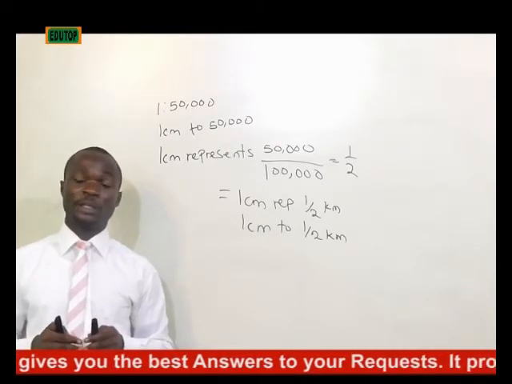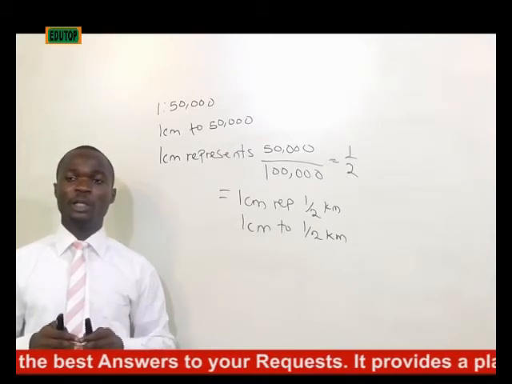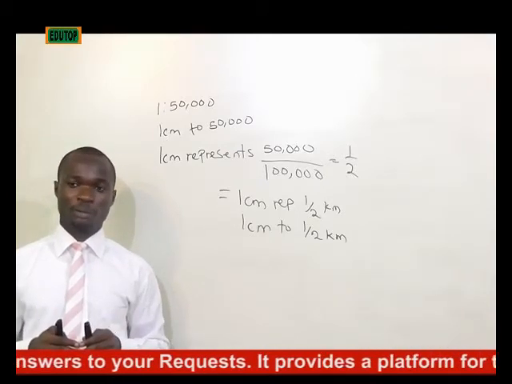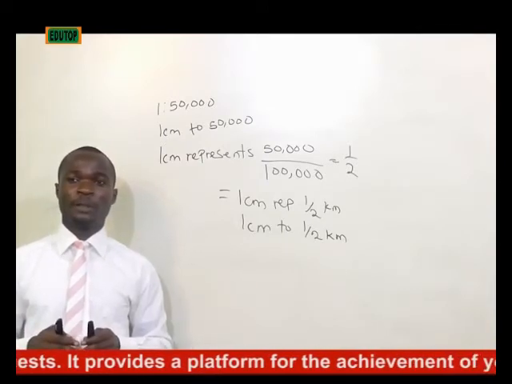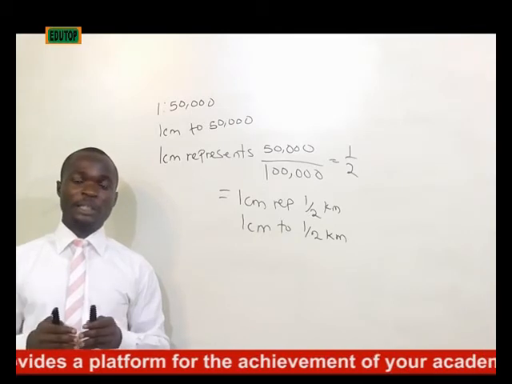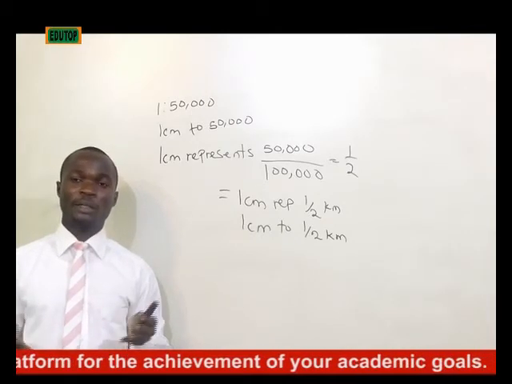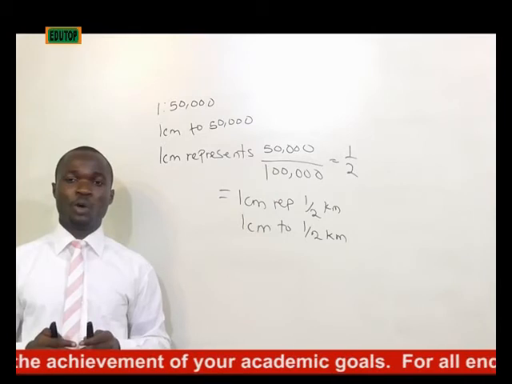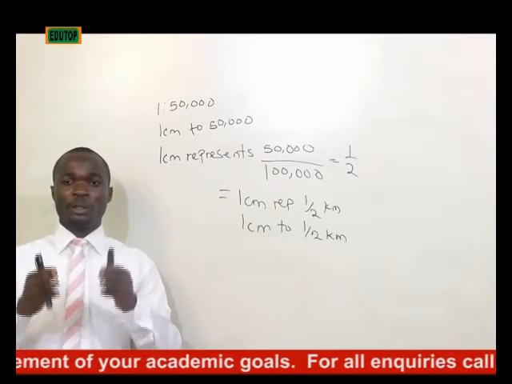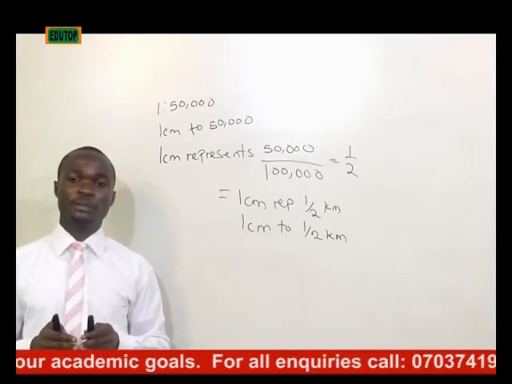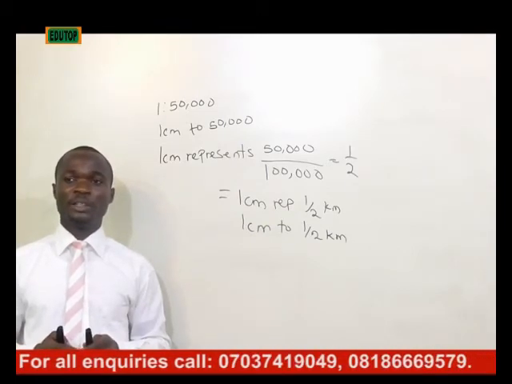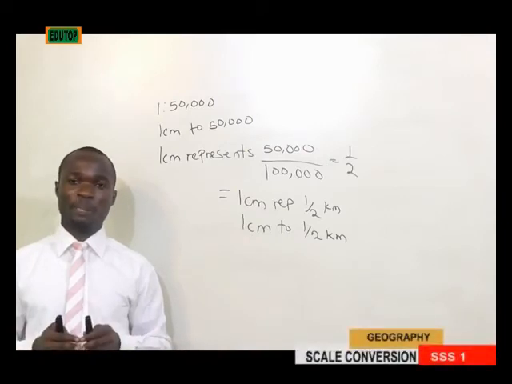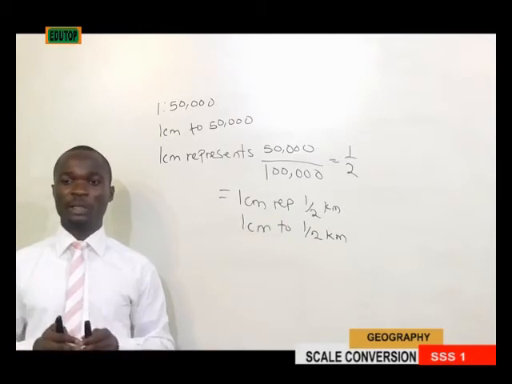Obviously, the smallest scale there is 1:3 million. Why is it 1:3 million? Remember we said that the larger the denominator, the smaller the scale of the map. So obviously, from the scales given, 1:3 million has the largest denominator. So automatically that has made that scale the smallest scale.